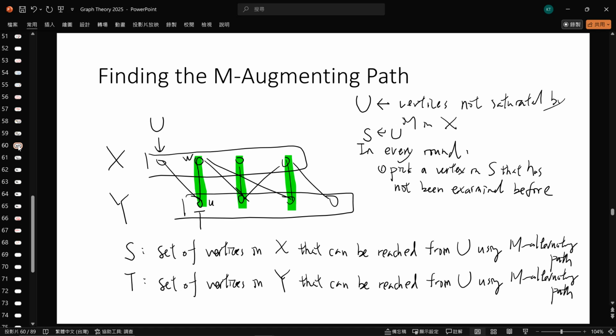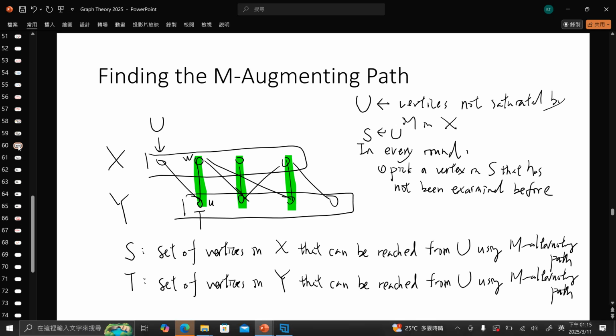It's easy to find an alternating path, because you just alternate edges: the first edge is not in the matching, the second one is in the matching, and so on. But it's not that easy to find an augmenting path, because the difference is that in an M-augmenting path, you have to make sure that the two endpoints are not saturated. That's somewhat challenging, and we want to find an algorithm to find an M-augmenting path.